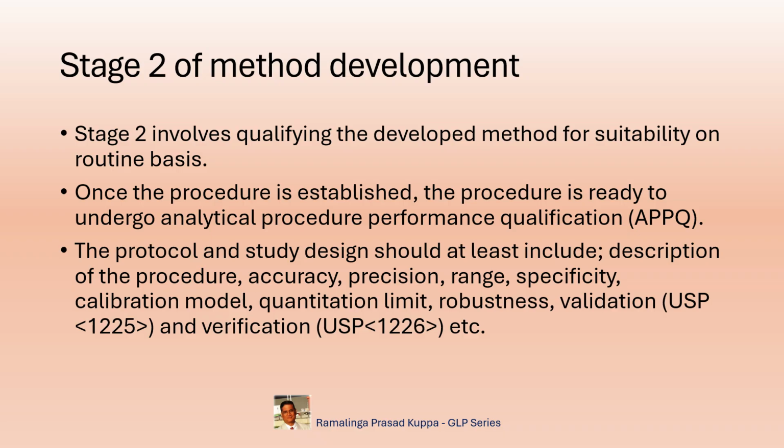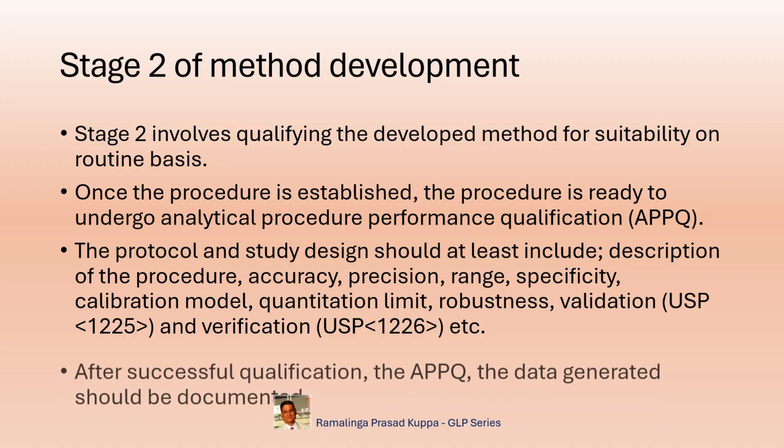Verification activity is done for already validated test methods. The compiled methods are published only after validation studies and approval by the agency experts. That's the reason why only verification activity as per USP 1226 is carried out for compendial test methods.